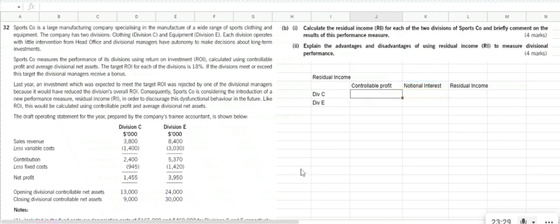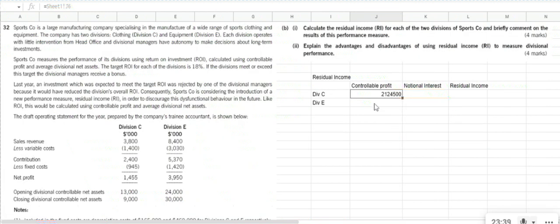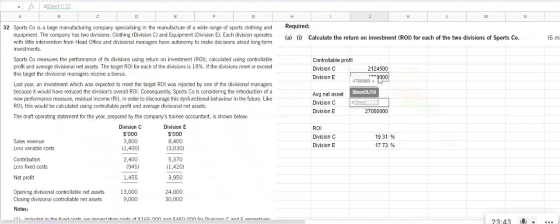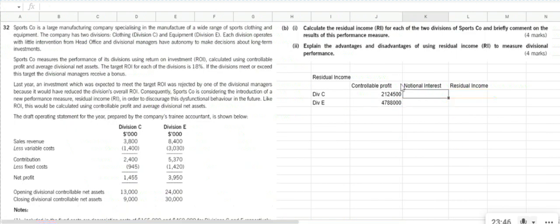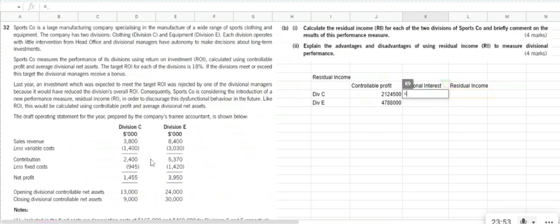We have already calculated the controllable profit. The controllable profit, as we can see, was this. For division E, the controllable profit was this. So for notional interest, what is my cost of capital? The cost of capital is 12%. So it is 0.12 of what? It's 0.12 of my net assets.